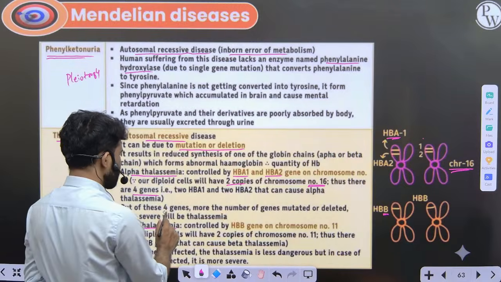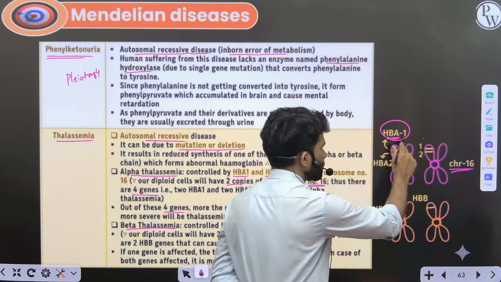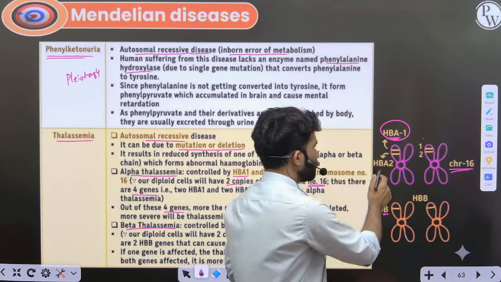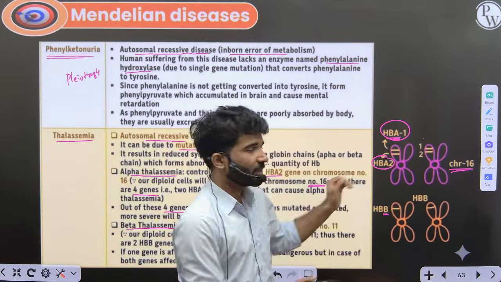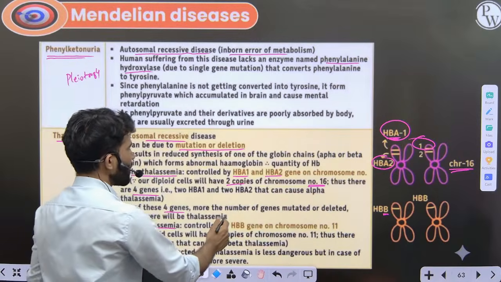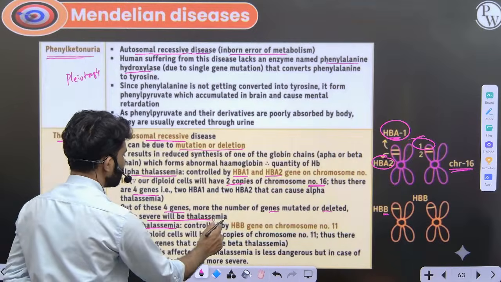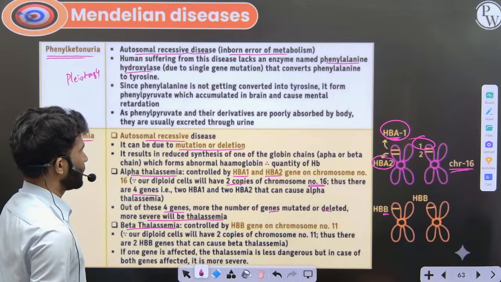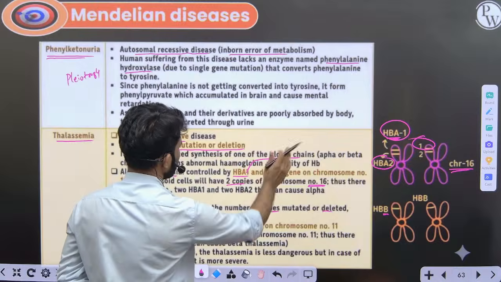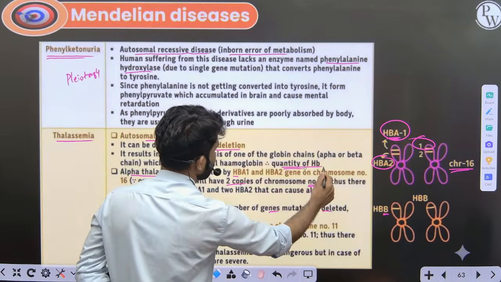Out of these four genes, if HBA1 is mutated, the person is less affected. If both are affected, then it is more affected. If three of them are affected, more affected. The more genes are mutated or deleted, the more severe the thalassemia. It affects the synthesis of hemoglobin, causing abnormal hemoglobin, and the quantity of hemoglobin is less.